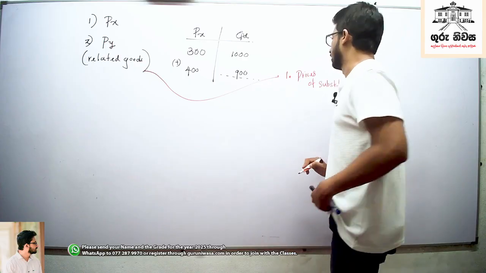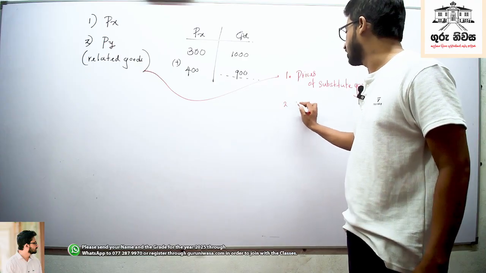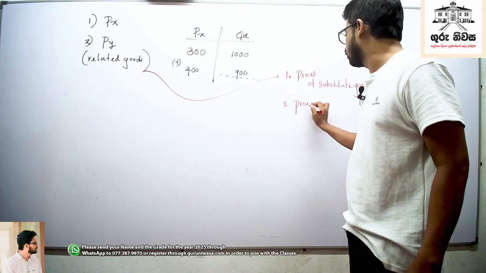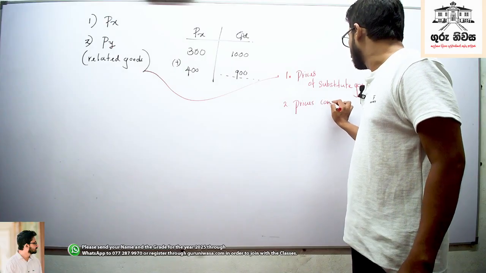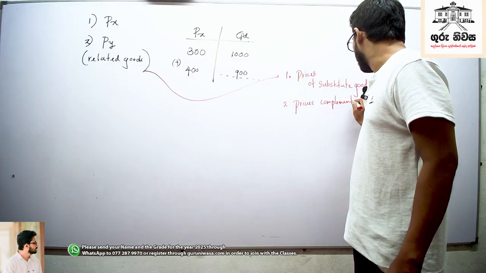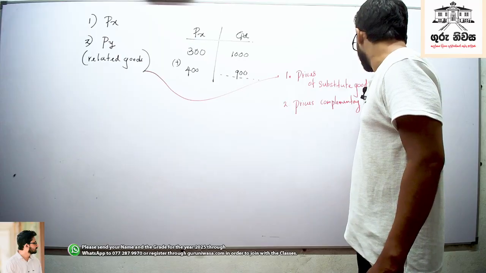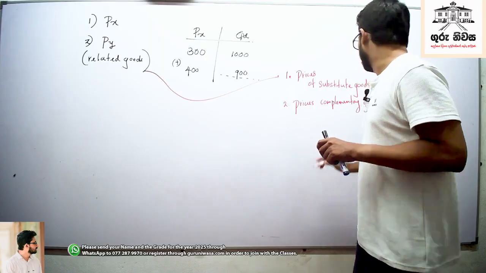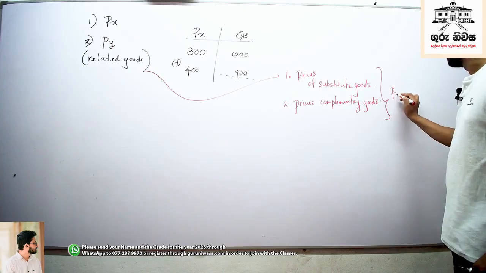Did you get the point? Second one, prices of complements, or complementary goods. Both are called PY.